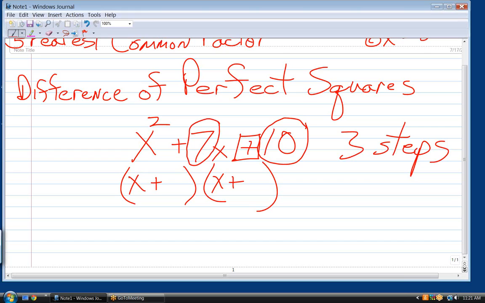So what factors of 10 add to 7? This is really where you need to know. This is the primary reason you need to know your multiplication tables and division tables, because a calculator is not going to be helpful to you here. A calculator cannot find factors of 10. The only way you can do it is to know your multiplication tables. So what two numbers multiply to 10 and add to 7?